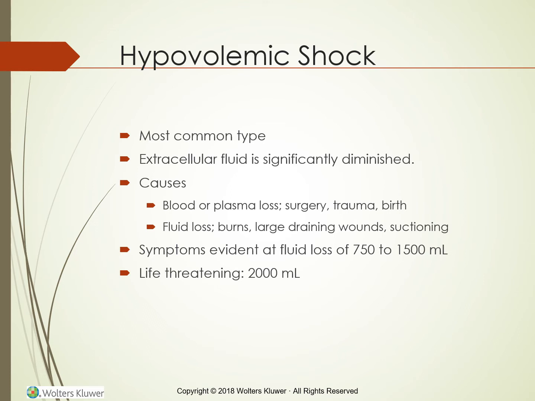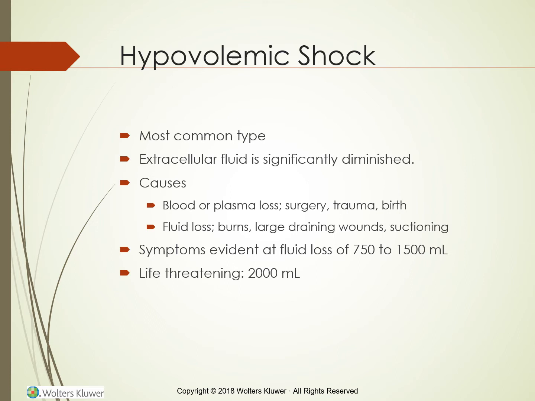Because the intravascular, interstitial, and intracellular fluid volumes are interdependent, a loss from one location results in a similar depletion in the others. A deficit of intravascular volume or plasma reduces the net circulating volume.